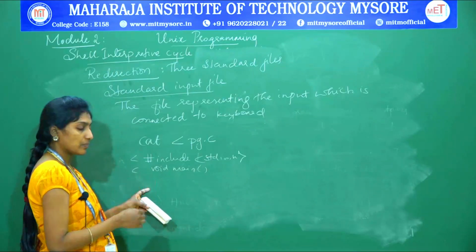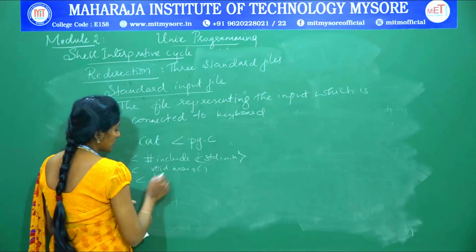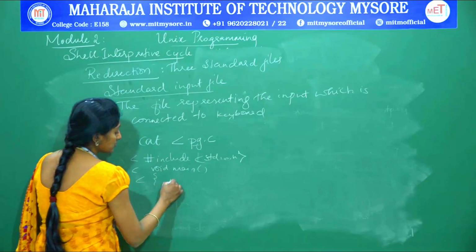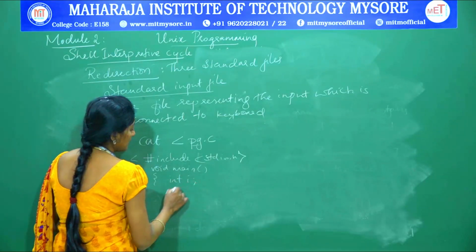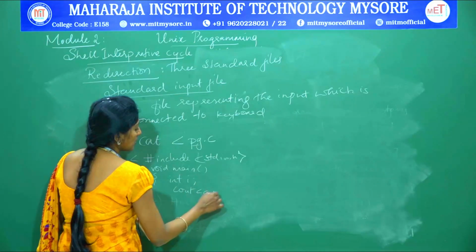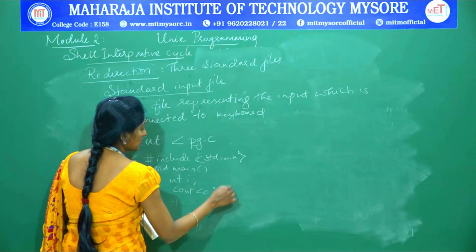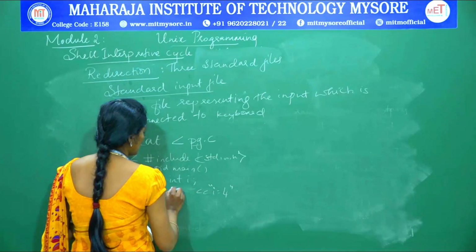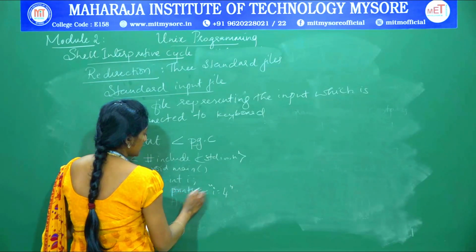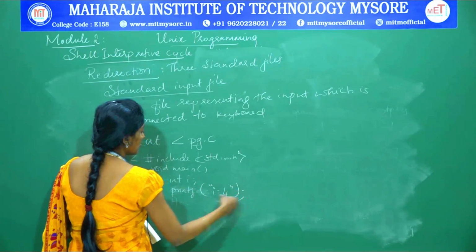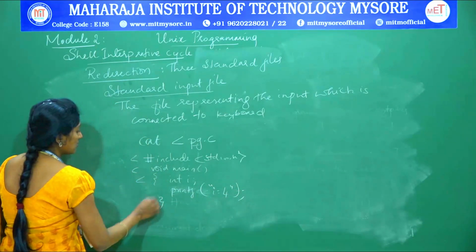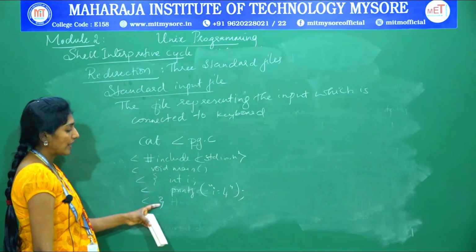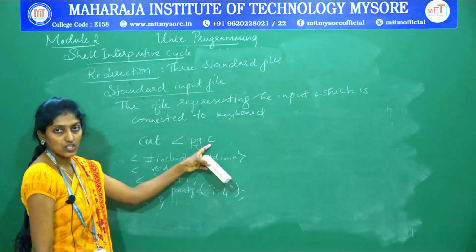Instead it prompts you to enter the input for the file pg.c. So int i, count i, printf, close this. This is how it asks you to enter the input for pg.c.